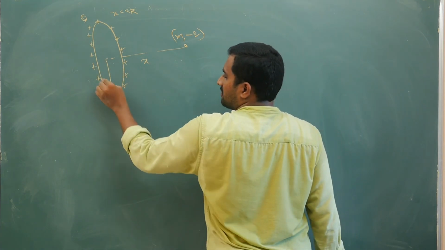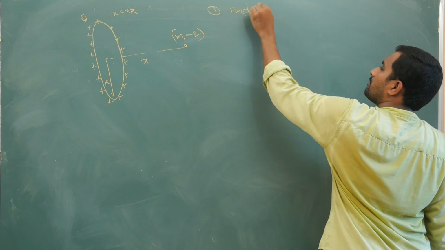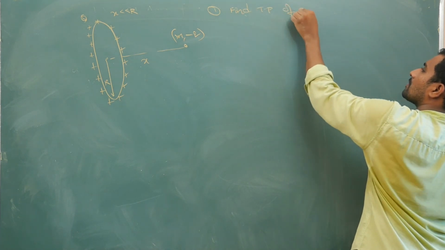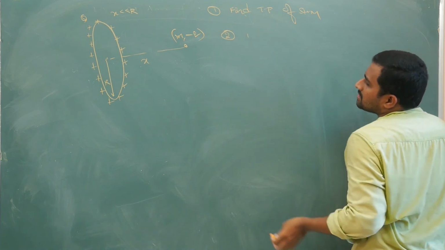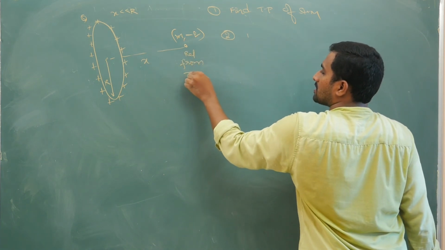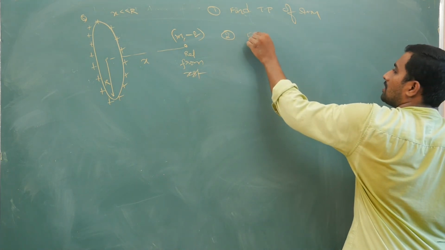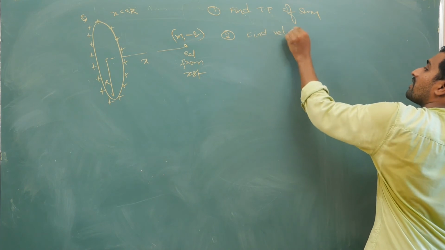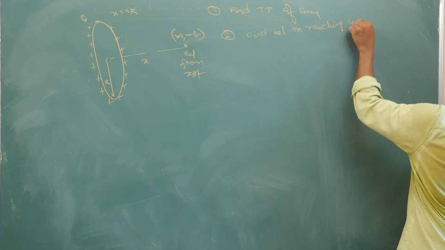Let us say radius of this ring is r. Your first question is find time period of SHM. Your second question is if the particle is released from rest, find velocity on reaching the center.